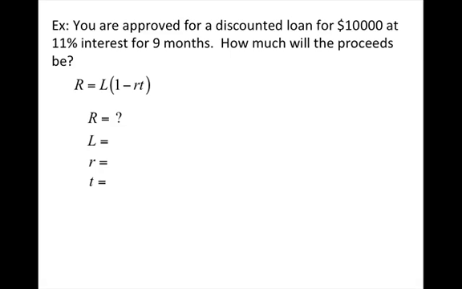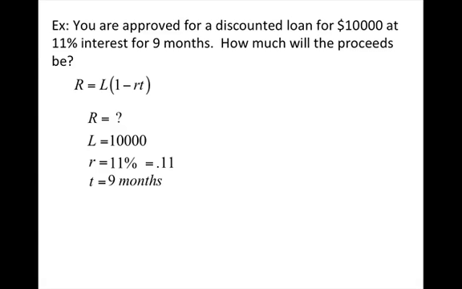That's how much money the bank is actually going to give me. L is the loan amount, and that's the $10,000. That's how much I'm going to have to repay the bank. r is the interest rate, which is 11%. To change the percent to a decimal, you divide by 100, so I get 0.11.